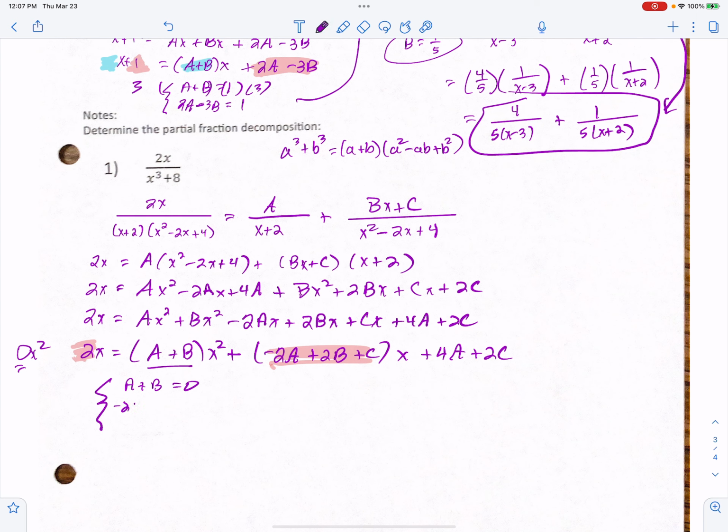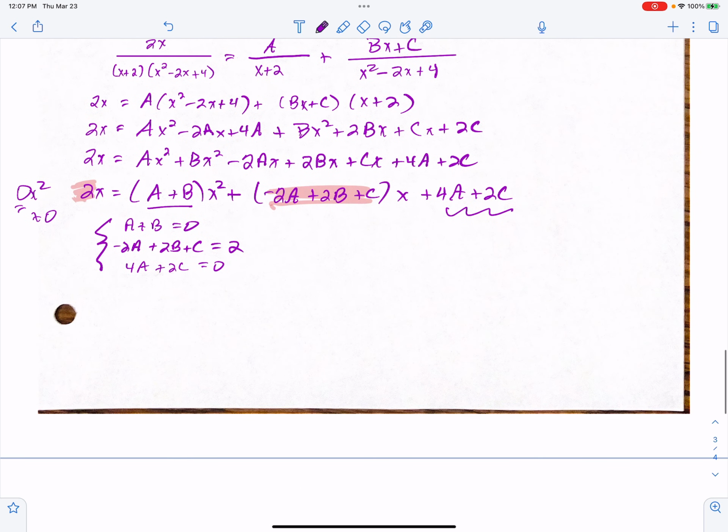So a minus 2a plus 2b plus c equals 2. And then there isn't a constant term. So when it comes to the 4a plus 2c, there's no constant on the left. It's just a plus 0. So the 4a plus 2c is going to be 0.